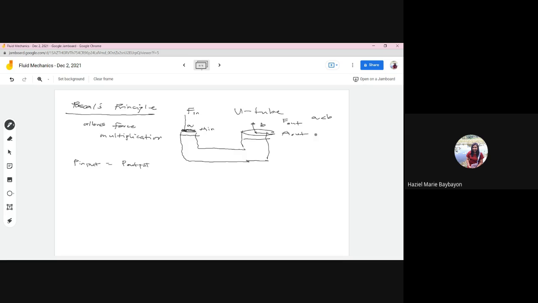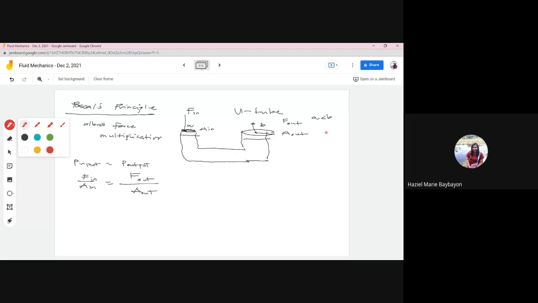So according to Pascal's principle, in terms of force and area, we have F over A for input, and then F out over area out. Take note that the area on this side is greater compared to the area on the other side where the force is input.